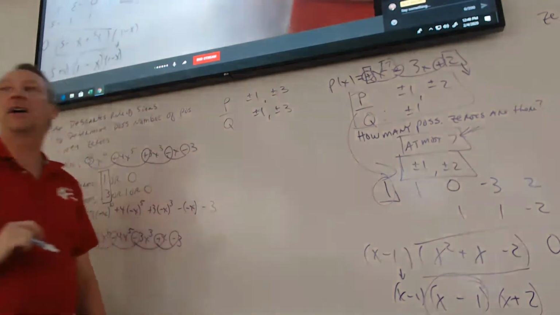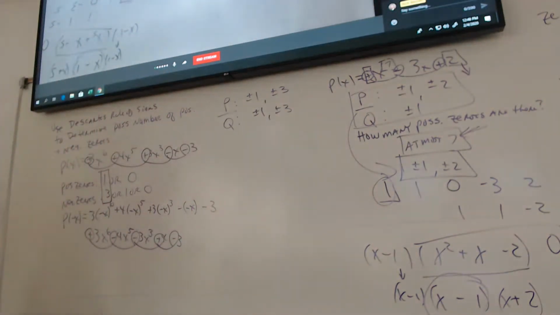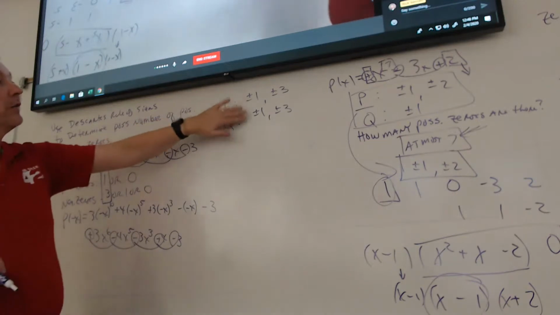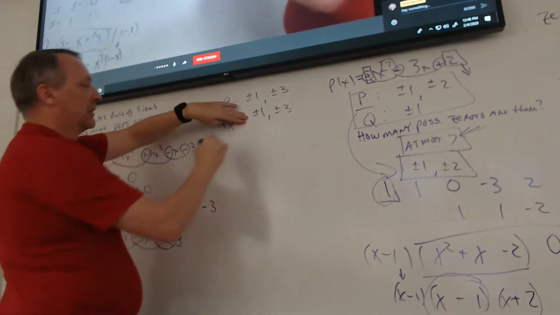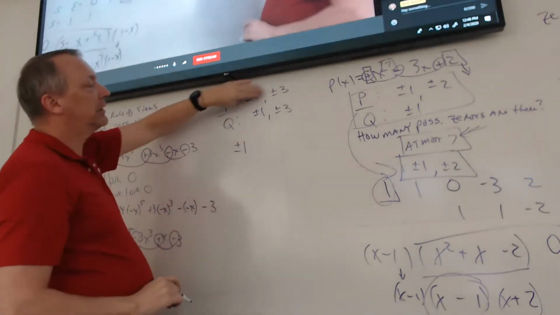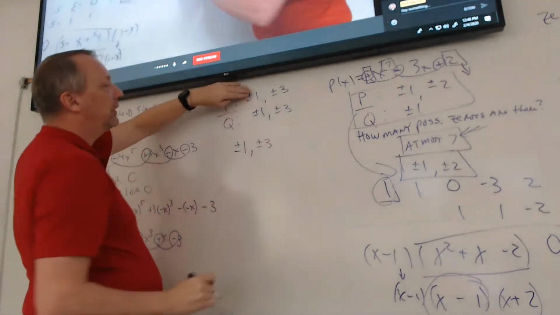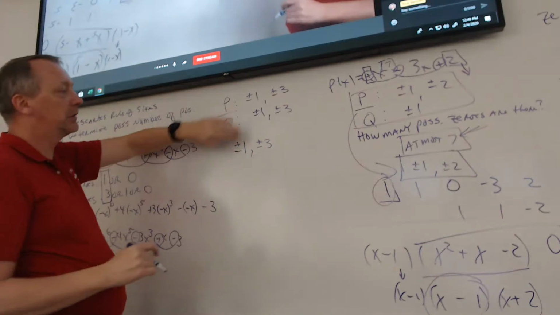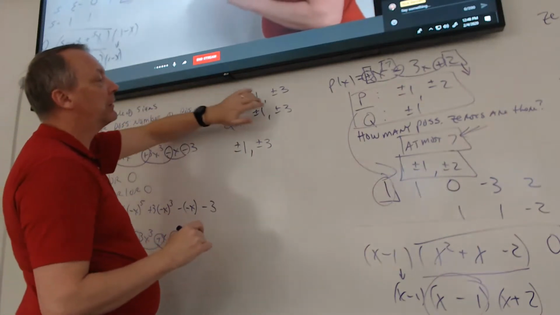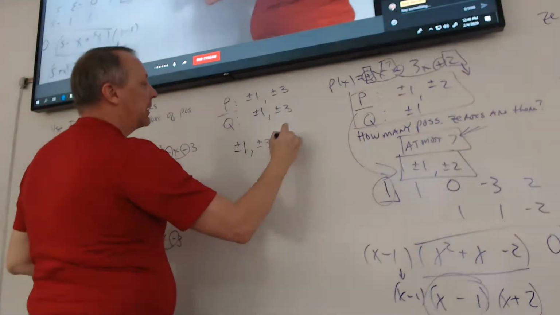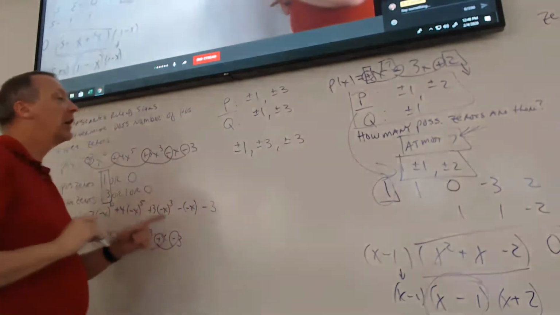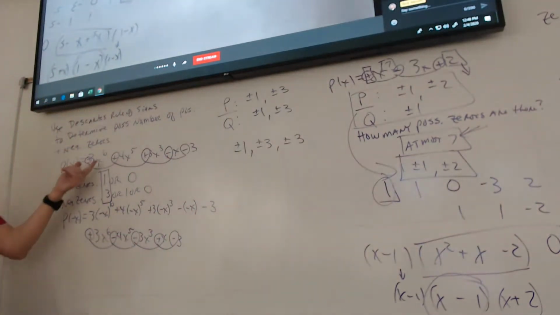Now I need to find all the possible combinations. Okay, so 1 divided by 1 is 1, so I've got plus or minus 1. 3 divided by 1 is 3. 1 divided by 1 again, still 1, so I don't need to rewrite that one. 1 divided by 3, plus or minus 1/3, okay? So I have 6 choices, but at most, only 4 of these are going to work.